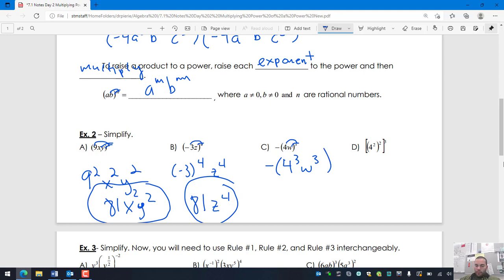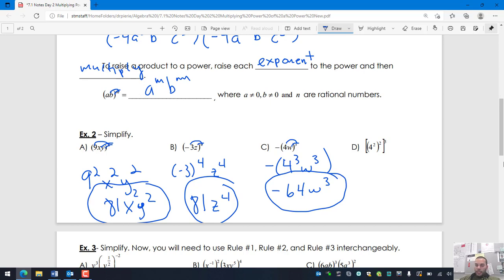Okay, and I know that 4 cubed, if you plug in the calculator, should give you 64. I still have a w cubed, but that negative is still out in front. I haven't touched it yet, so all this negative is going to do is come down, and it's not going to go anywhere. So my final answer should be negative 64 w cubed. This entire quantity is basically being multiplied by negative 1.